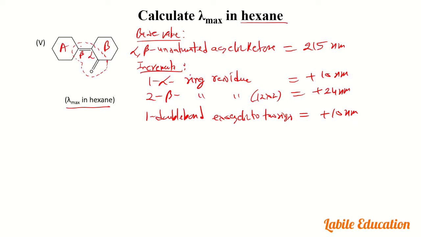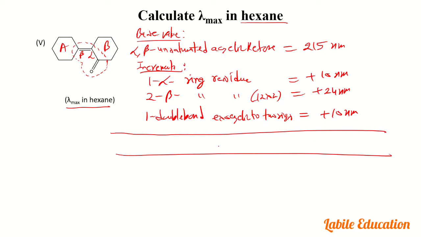Is there anything else? There is nothing else. So we will sum up all of them. Then this will be lambda max, calculated in ethanol. That will be 259 nanometer.